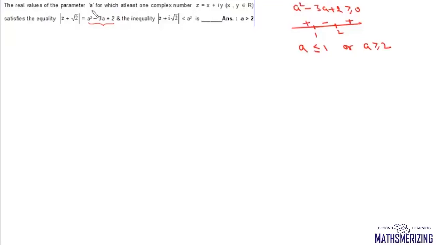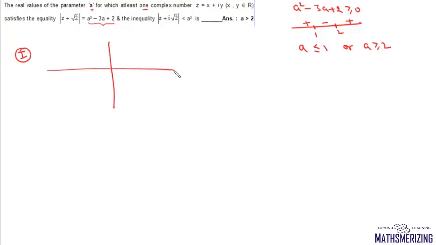Now we need to find all the possible values of a for which these two regions will have at least one point in common. So what we'll do is find all the possible values of a when they do not have any point in common. So they won't have any point in common in two cases.